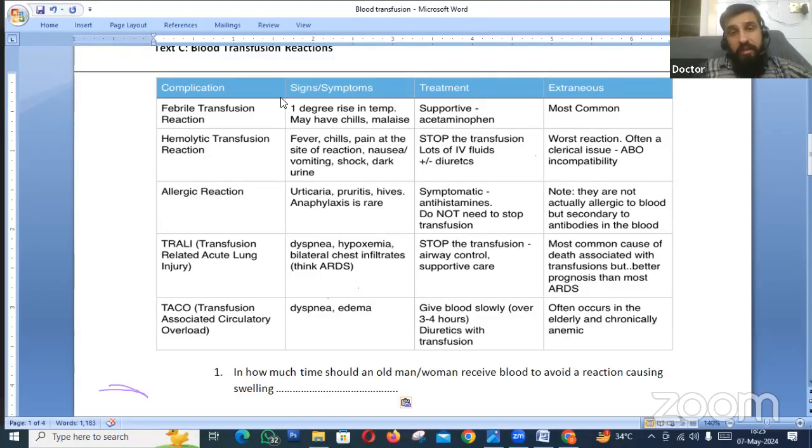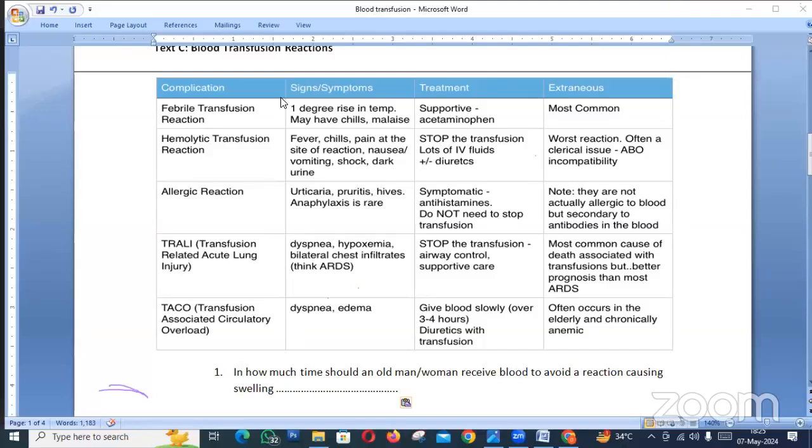Now, Miss Alia Noor, can you talk with me, please? Yes, sir. What is your answer? Sir, due to circulatory overload, there could be edema.